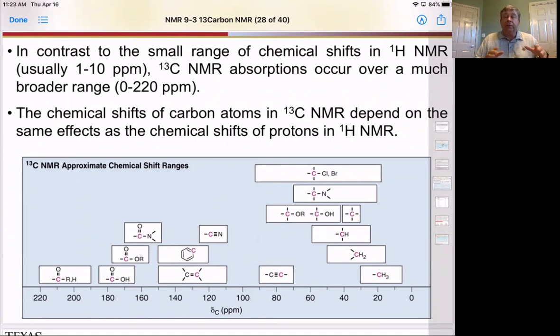The chemical shifts are analogous to the same types of shifts we see in proton NMR. So we have aliphatics being the most upfield and our carbonyls being the most downfield of our system.